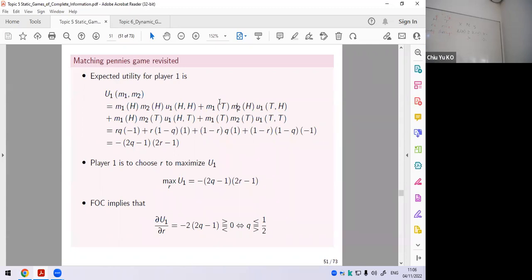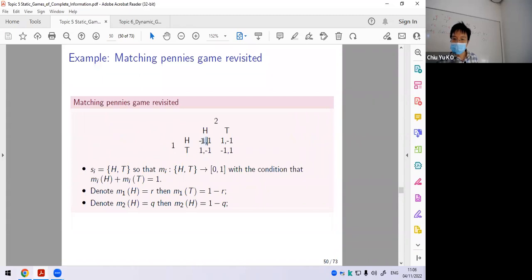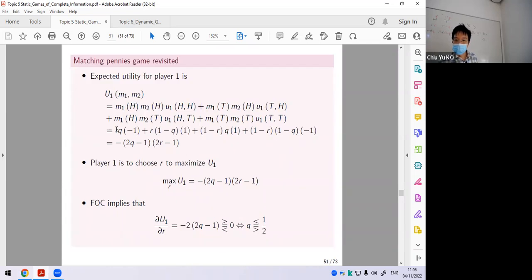The -1 comes from this entry, right? H is -1. So you have to do this for every single one.